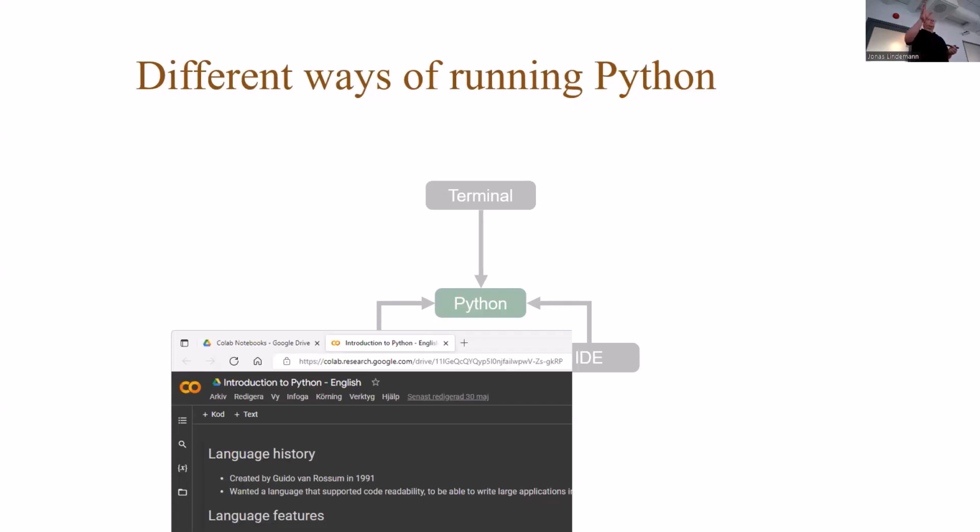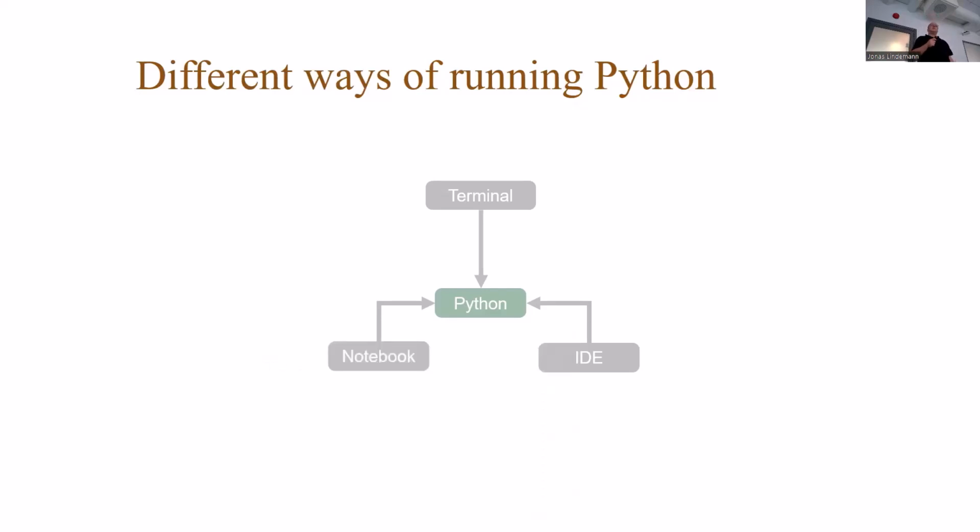Most of my lectures will be in notebook form, and there are links to those lectures on the course page. You can follow along with my lectures live if you want, and I encourage you to have your laptop and follow along. So those are the three ways you can run Python. There are a multitude of more ways, but these are the main ways in scientific computing.